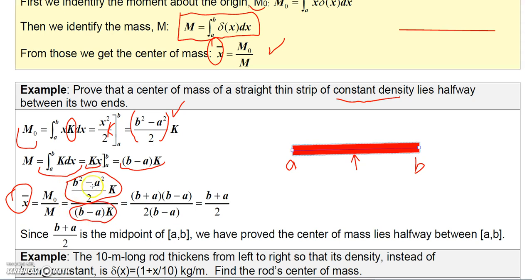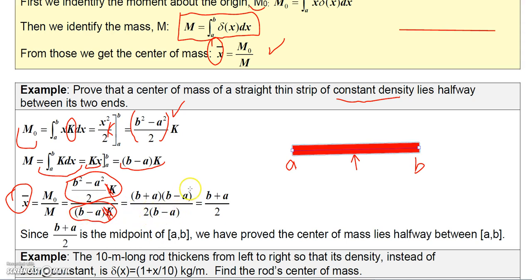And so if you divide these two, the first thing I notice is that the constant actually cancels, and we can rewrite this by factoring the b squared minus a squared into b plus a times b minus a, over 2 times the b minus a.